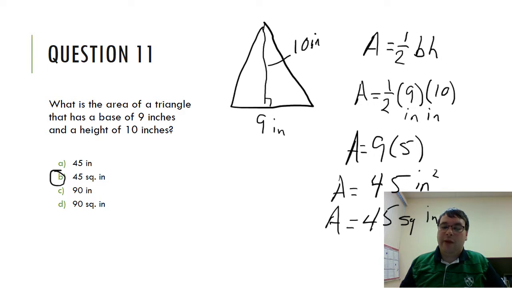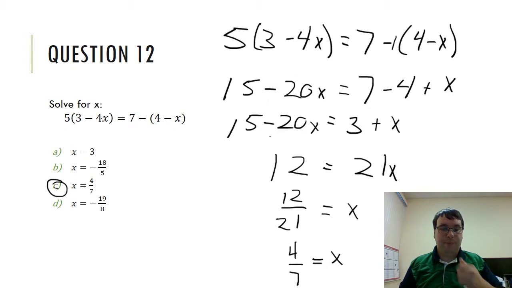So when we're looking at our answer choices, we have to make sure we're looking at the correct item. Answer choice A is just 45 inches. That's not correct. Answer choice B is 45 square inches. So it's telling us it's talking about area. And that is our correct answer. Let's move on.